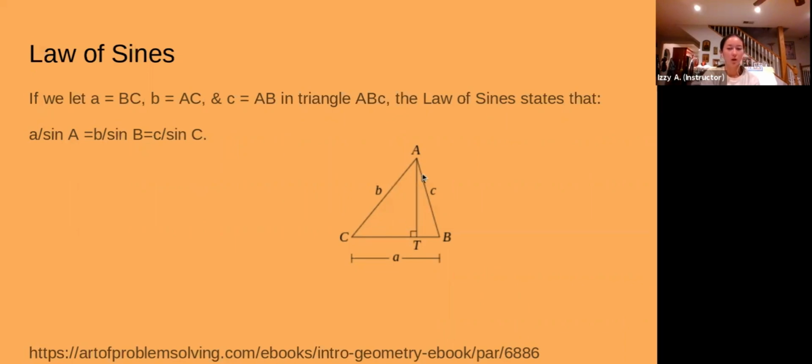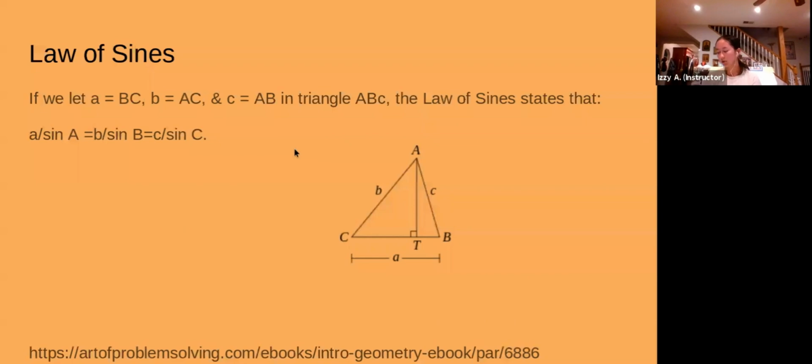So A would be A over sine of A. You can see that they're just opposite side and opposite angle. That's going to be equal to B over sine of B, the side opposite the angle, which is equal to C over sine of C, again opposite side and opposite angle.